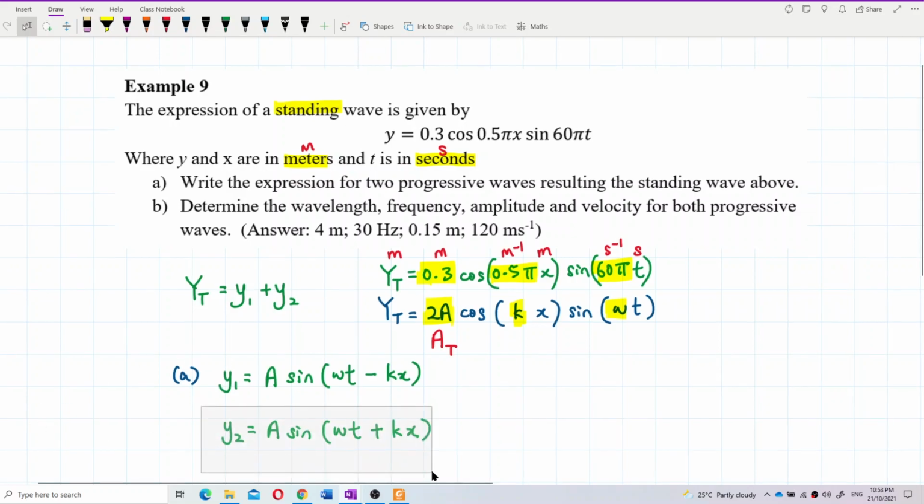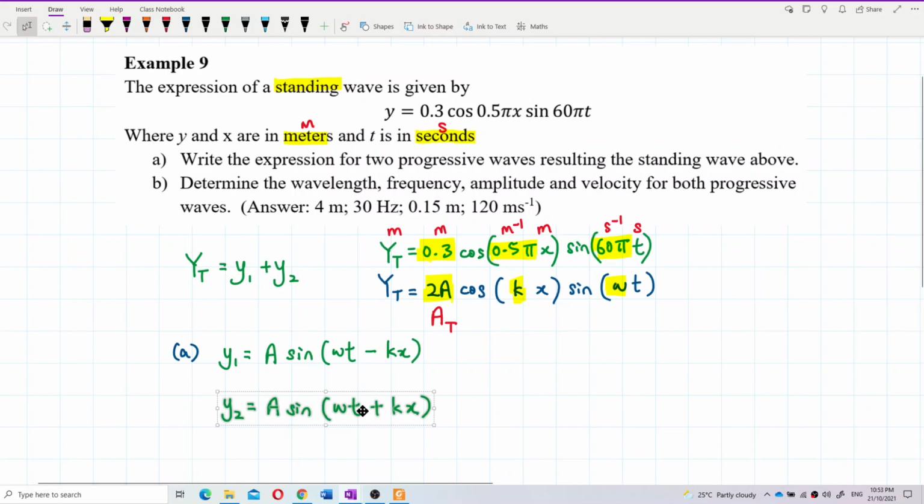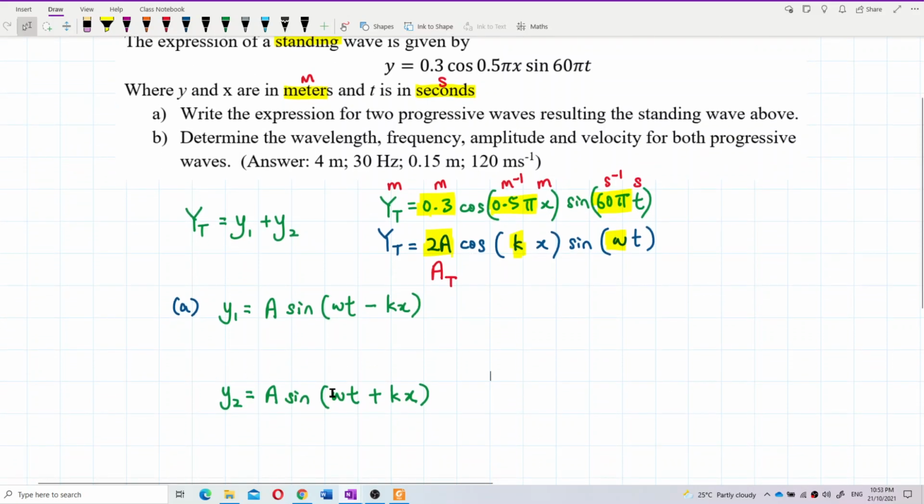So these are the two formulas. Okay. The first one has negative; they just differ by the direction. You see, negative kx means this is the first wave.